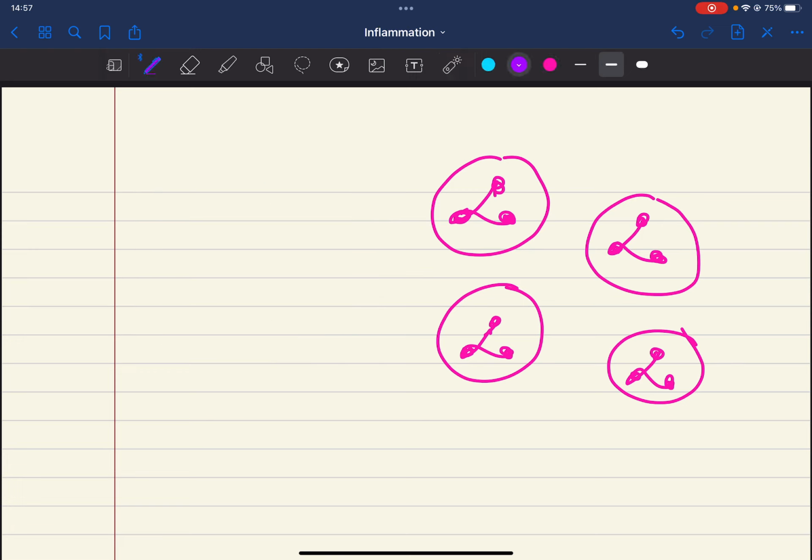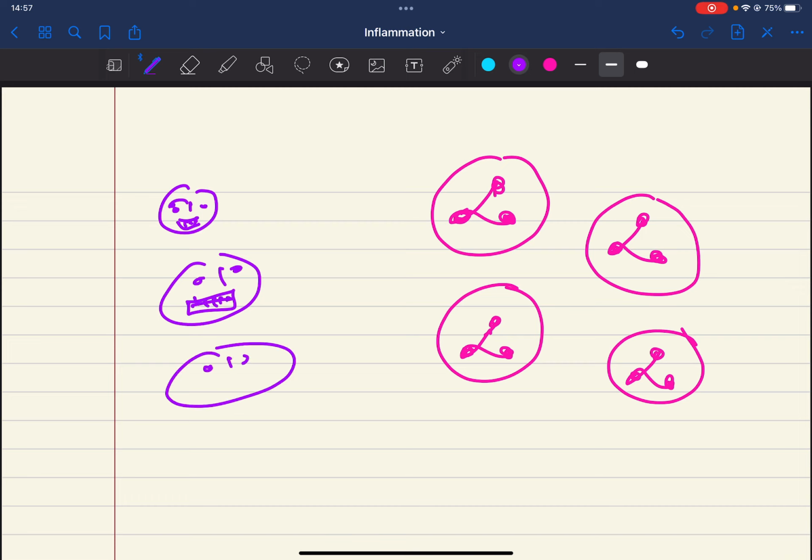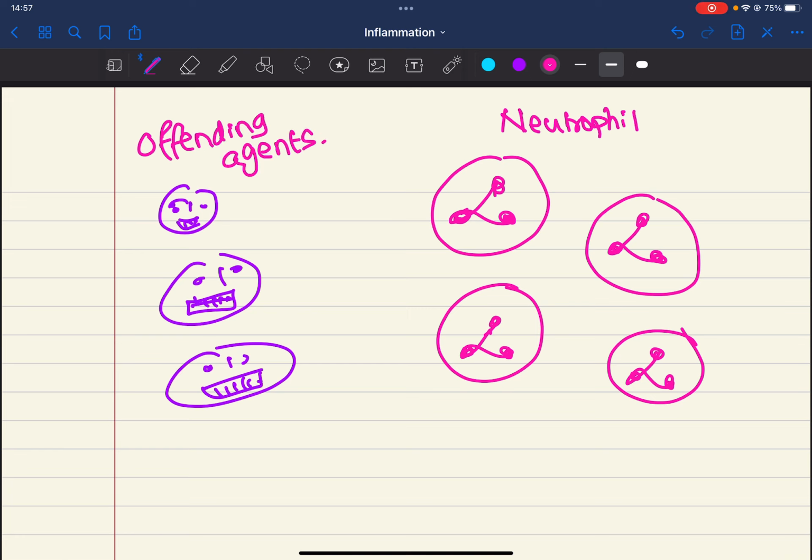These are the bacteria, very bad, very badass bacteria. How does this neutrophil recognize these offending agents? This we'll discuss in the next video.